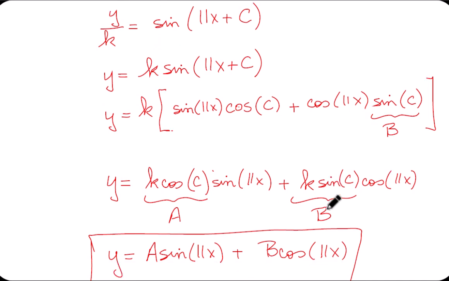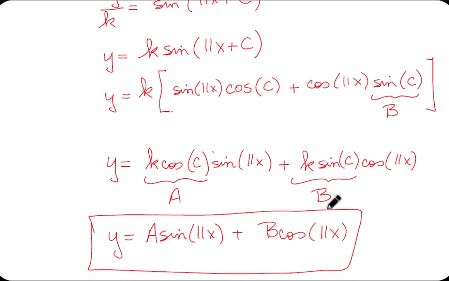All right, and then I want to mess with this thing to get it in a particular format. So I'm going to expand this using the sine of the sum of two angles. Sine of the first, cosine of the second, cosine of the first, sine of the second. All right, so now let's see all of this stuff.